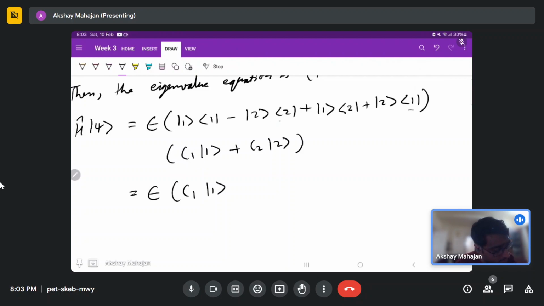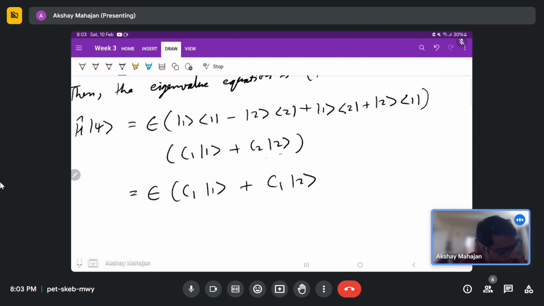And bra 2 and ket 1 will give you 0, so this will not give you anything. This bra 2 and ket 1 will give you 0 again, and this bra 1 and ket 1 will give you again 1. So from there we get plus C1 times ket of 2. Similarly, bra 1 and ket 2 will give you 0.